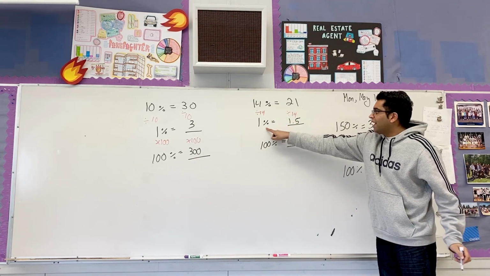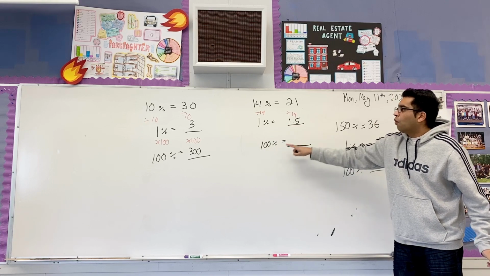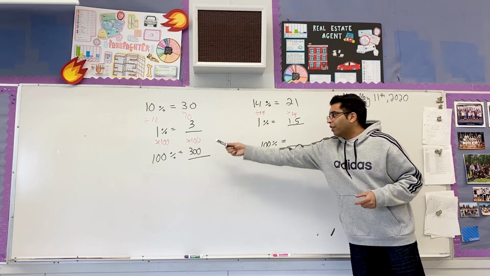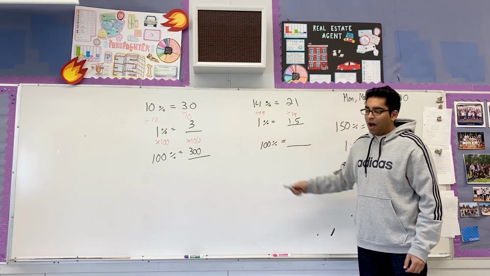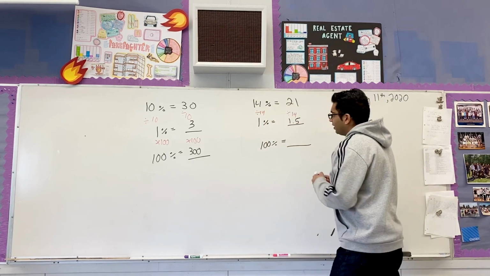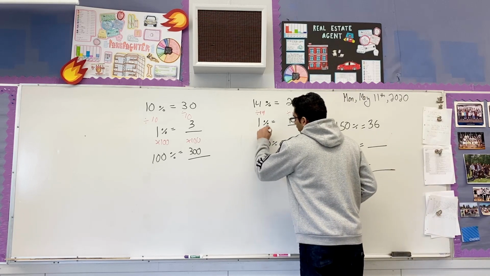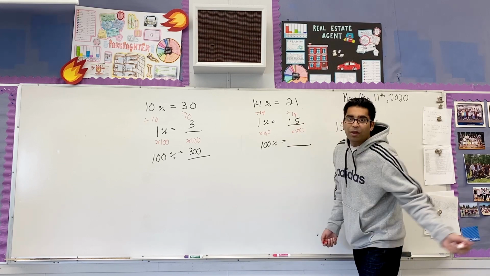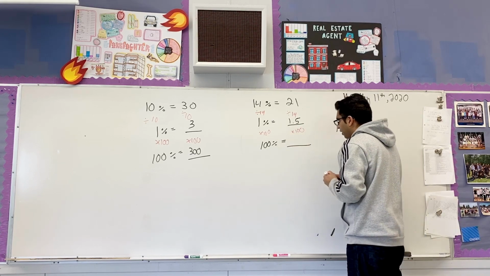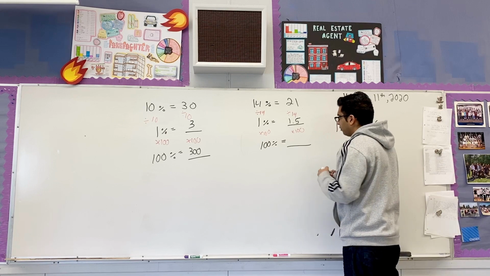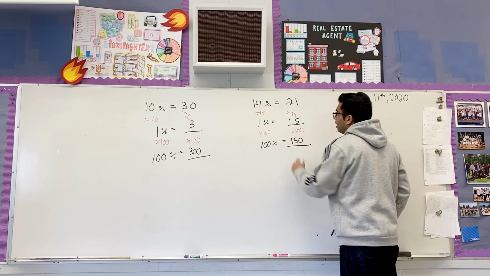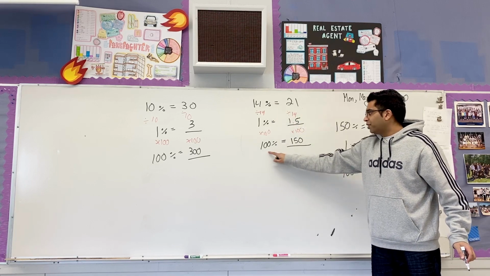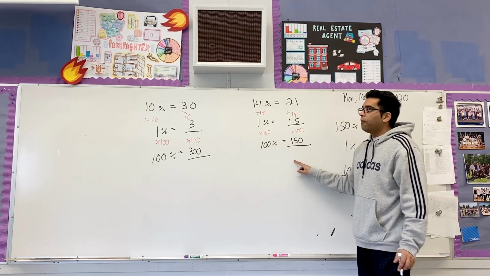So if 1% is 1.5, what will 100% be? Just like before, we multiply by 100. 1 times 100 equals 100. 1.5 times 100 is 150. So to sum up, if 14% of something is 21, 100% of that will be 150.